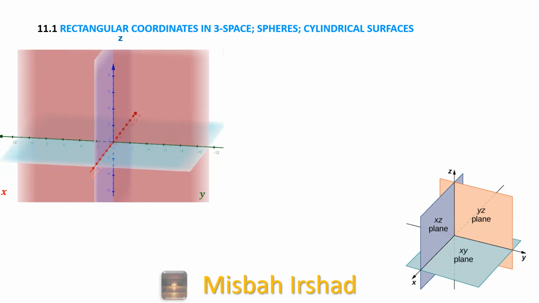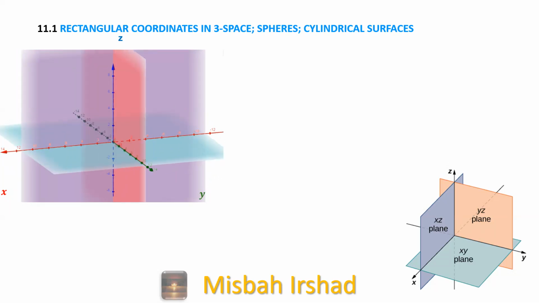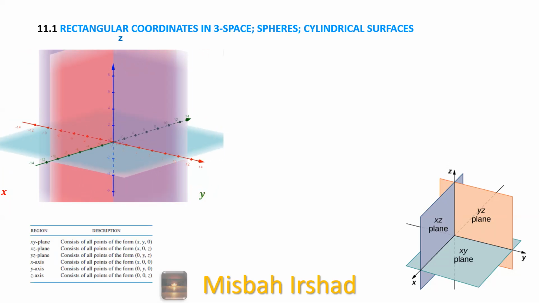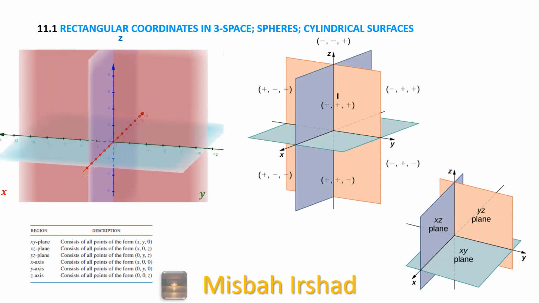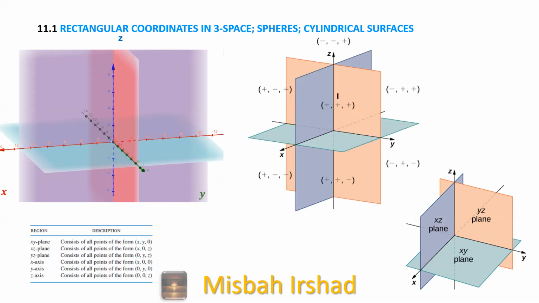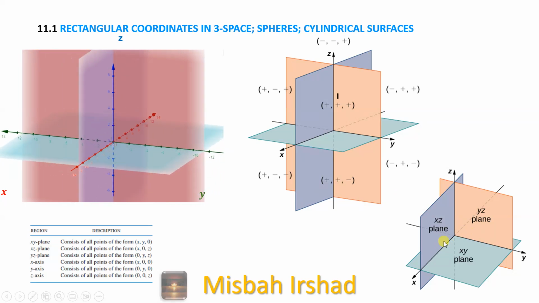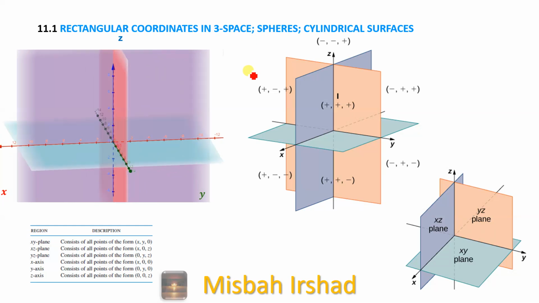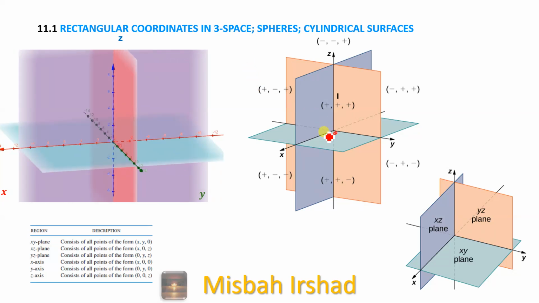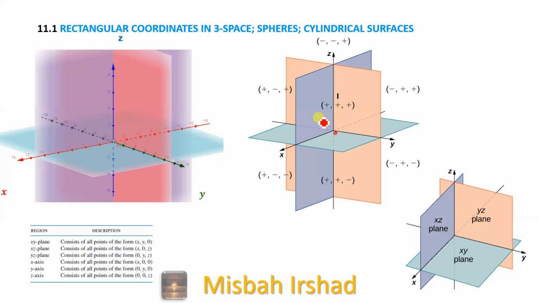This is another view of these planes. And these planes divide this space into 8 equal parts. If you stand here in this corner, on your right you have the xz plane, on your left you have the yz plane, and above the xy plane z is positive and below the xy plane z is negative.